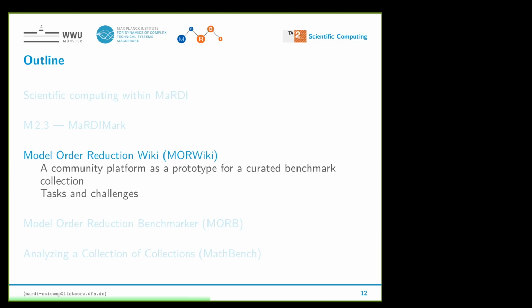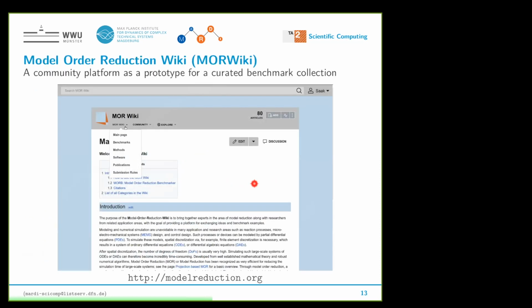And we have already for quite a long time been trying to curate benchmarks in a certain way in the model order reduction wiki. And that's just a community platform that's been running for roughly 10 years now, where we do collect benchmarks, but we also describe methods.